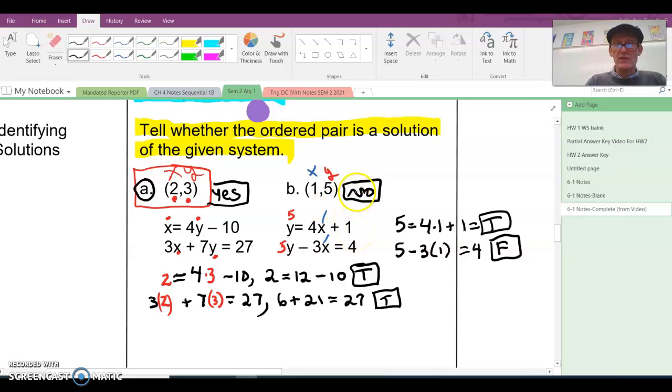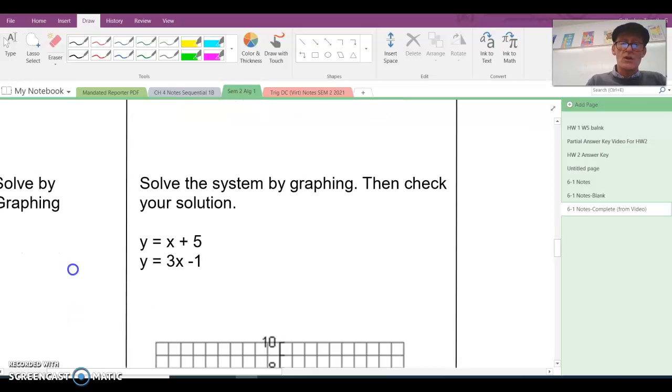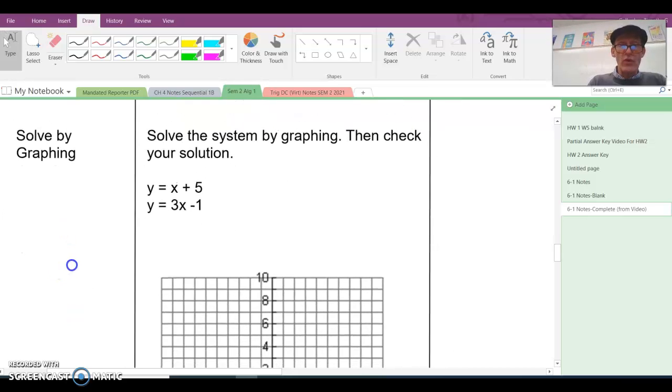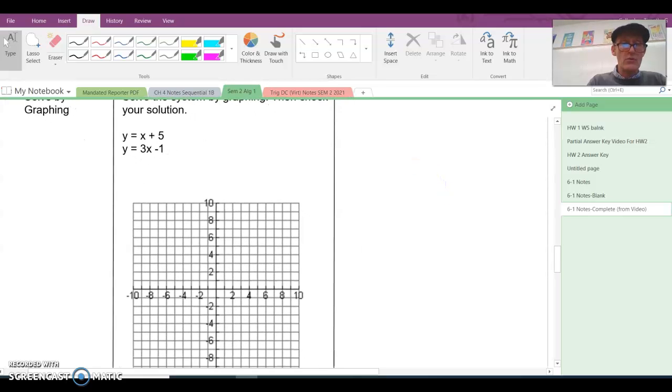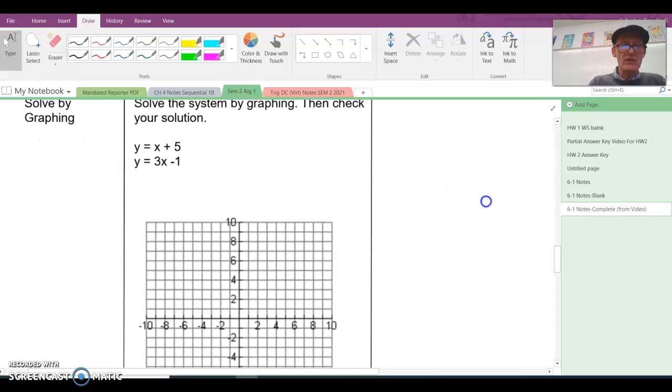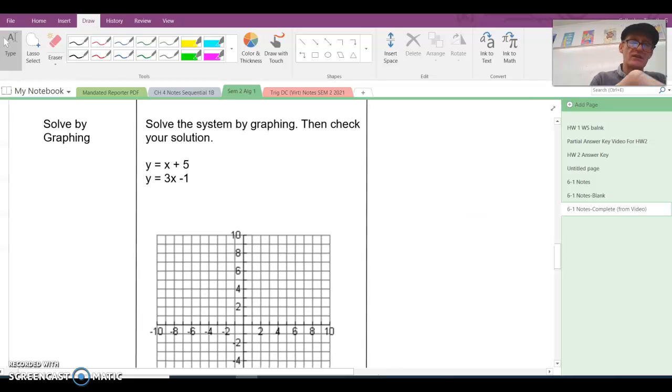So either the ordered pair is the solution, or it's not. And if it is the solution, that means if I graphed both of these lines, they would intersect at this ordered pair. So now we're going to graph the two lines, and we're going to see where they intersect.